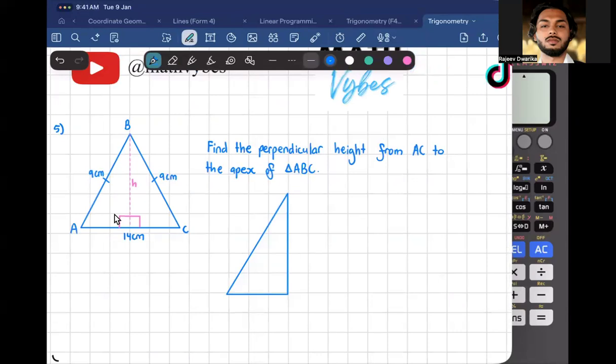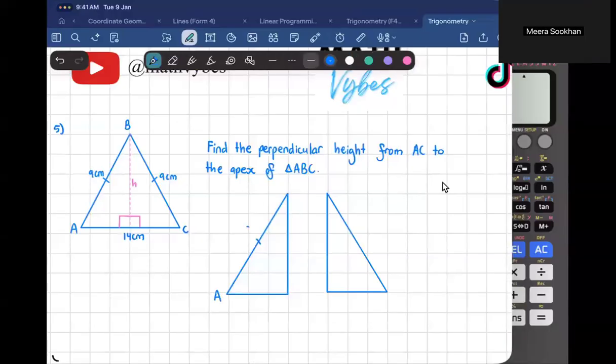Right. So Mira, do you understand that by me cutting the triangle in half, I end up with two right angle triangles? Yes. Great. Does it matter which one I use? No, I don't think so. I don't think so either because watch, the hypotenuse for both of them is 9. And you can see that. Right?